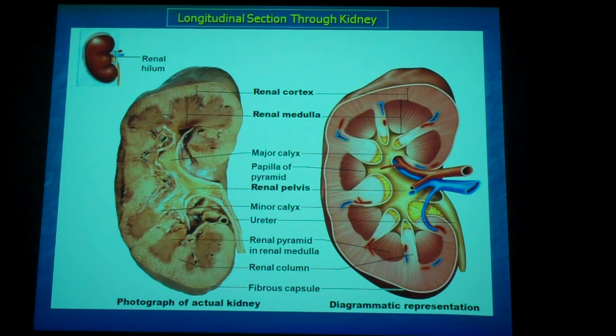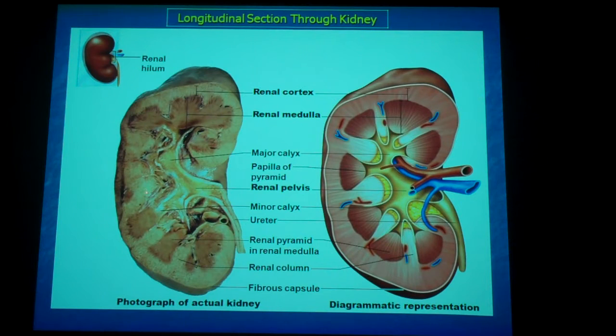All right, we looked at the anatomy of the kidney. The kidney has two major zones, an outer cortex and an inner medulla. So this lighter area here is cortex. The medulla is staining a darker brown and showing the renal pyramids in contrast here.